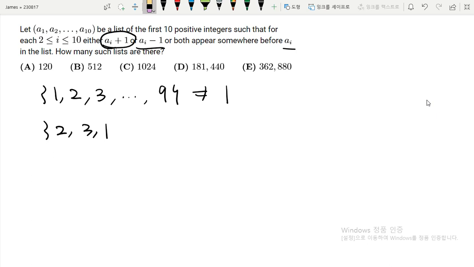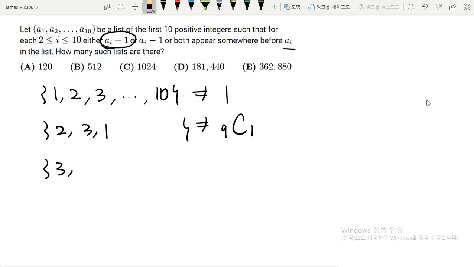So that means there are 9 positions number 1 can take, so it's like 9C1. And if 3 comes first, 2 and 1 are free to occupy any position because 3 already appeared.